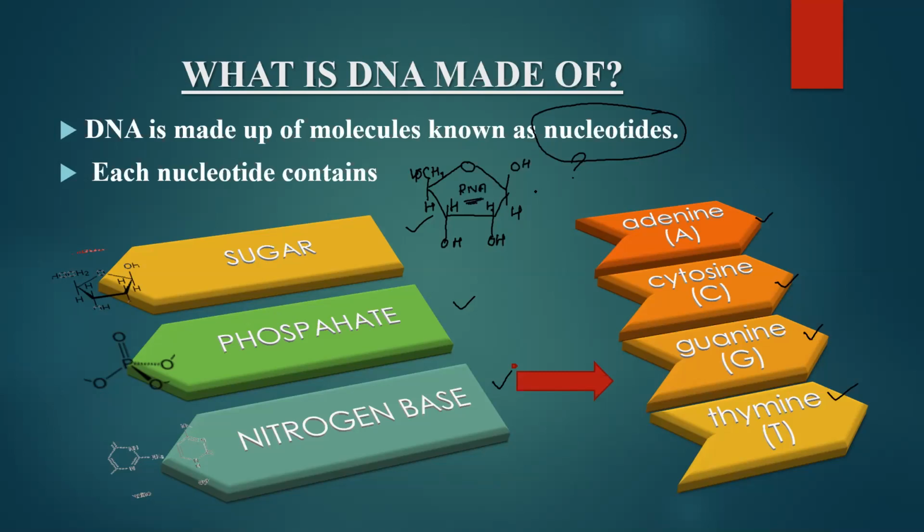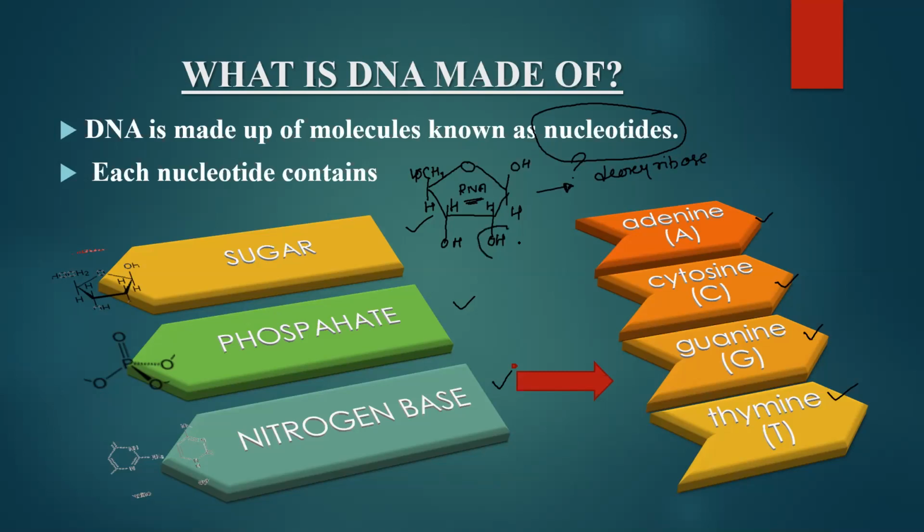The difference between these two is that the DNA sugar is deoxyribose. Now, DNA contains this ribose sugar, which lacks a hydroxyl group on the second carbon.